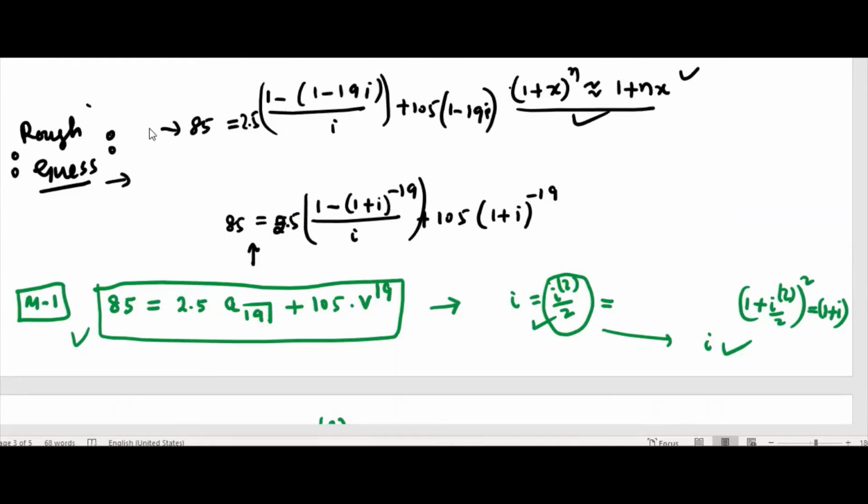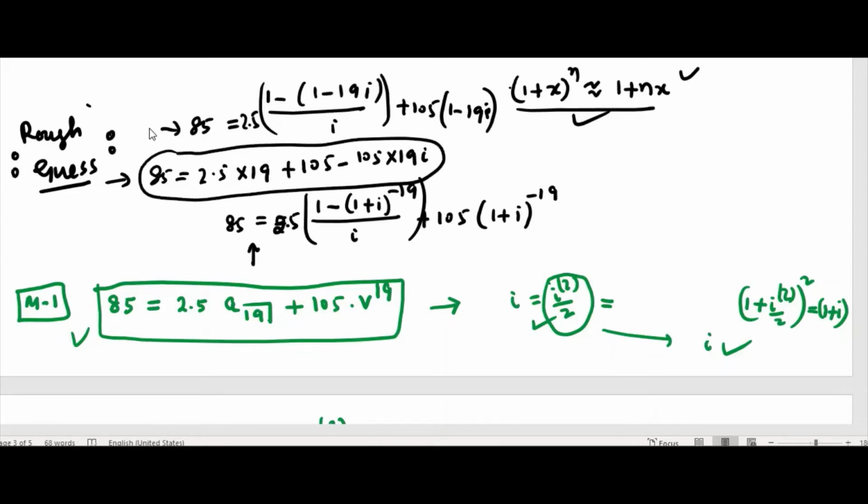Now here 1 and 1 will get cancelled. You get 85 is 2.5 into 19 plus 105 minus 105 into 19i. You have to solve this one and find i.